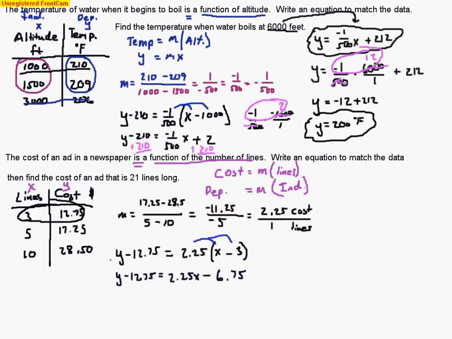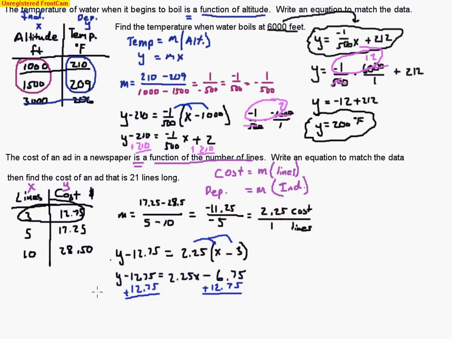So I'll isolate the y by adding the 12.75 to both sides. When I do the subtraction, the 75 cents cancels out, and I have to subtract those two numbers because they're opposite in sign, and I end up with 6.